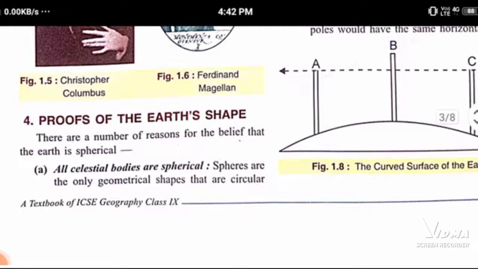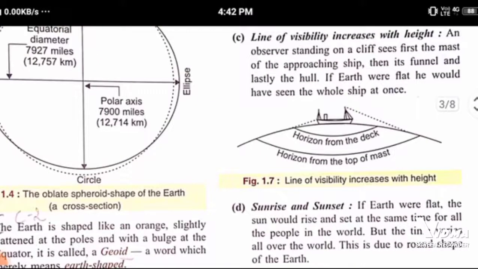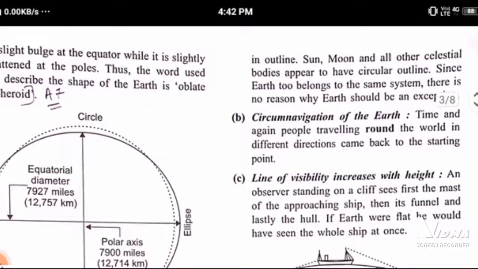Since the Earth belongs to the same system, the solar system, which is just a family, everything would be the same, so there is no reason why the Earth should be an exception. So why would the Earth not be spherical? This is just logic, and next we are also going to discuss it experimentally.